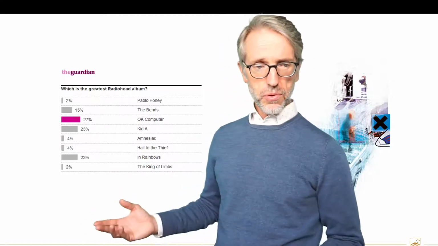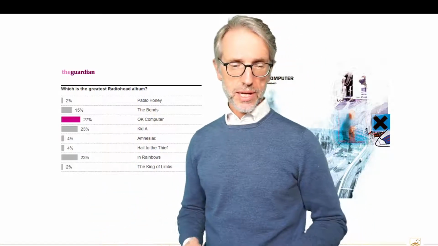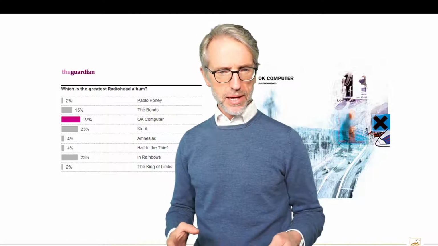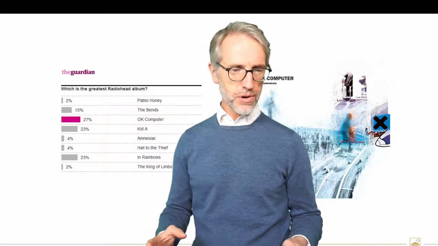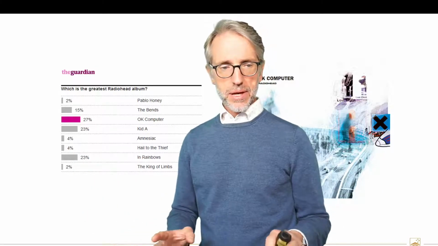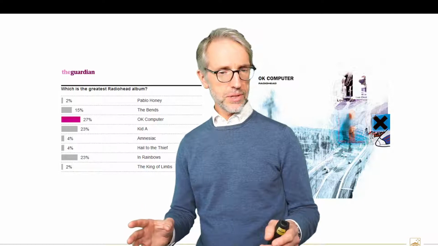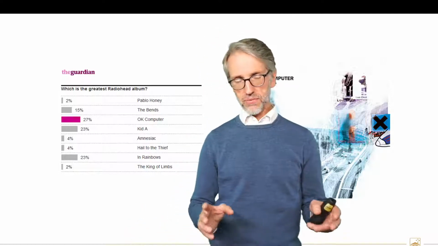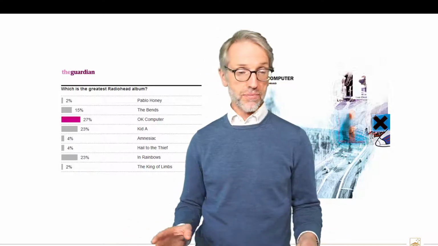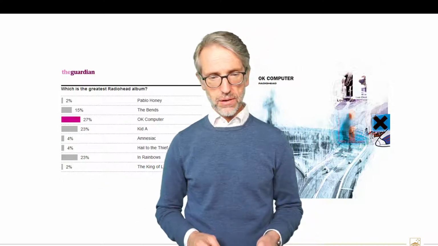So after a few releases, Pablo Honey and The Bends, of course, had the band's massive hit Creep on it. After that album, Radiohead became immediately recognisable to many people around the world, and this release, OK Computer, was very, very well regarded, and you can see it was regarded by many people as the greatest of their albums.